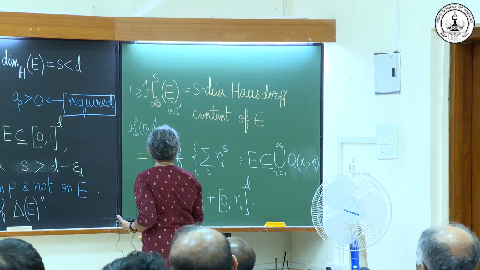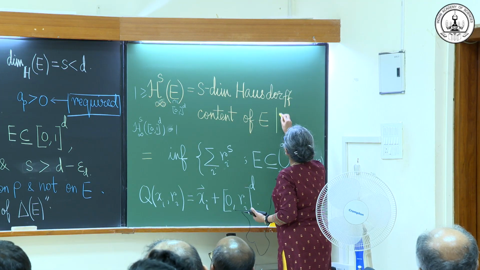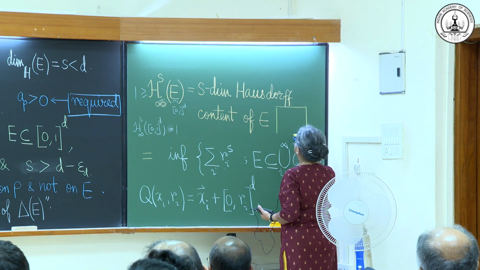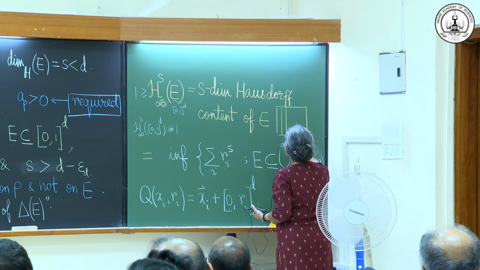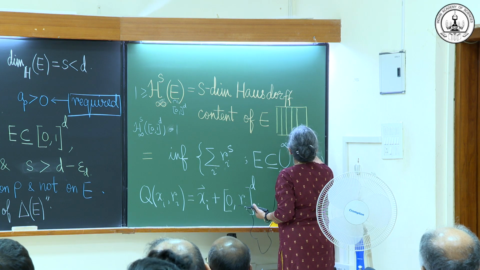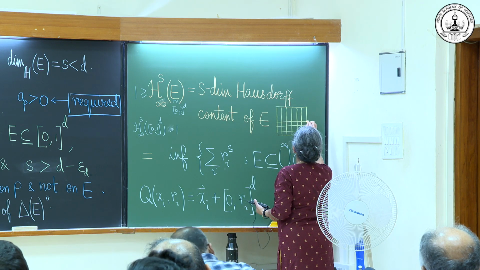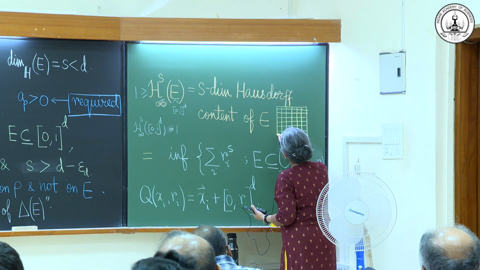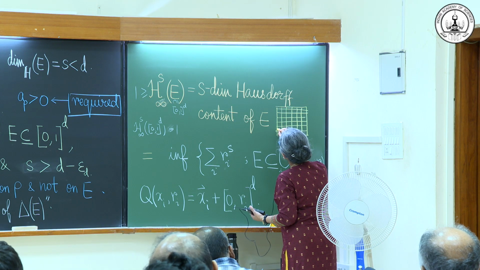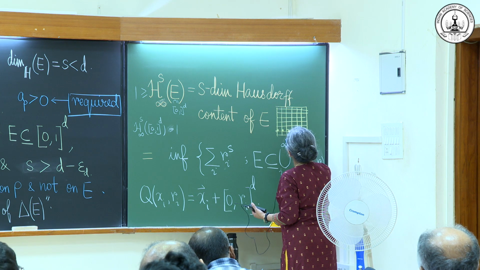But I think it may also be a very good idea to keep in mind an example of a truly sparse set, or at least an iterative construction of a sparse set. Suppose you have, this is your unit cube, and you generate a lattice in it, okay? And to each lattice point, you attach a little thickened cube.